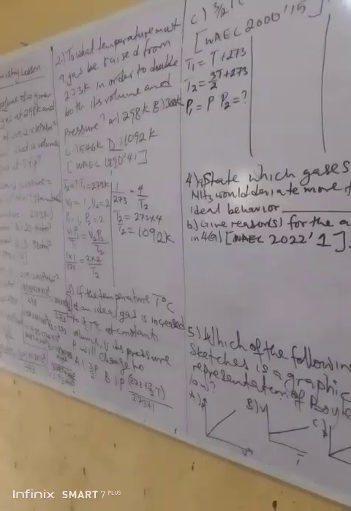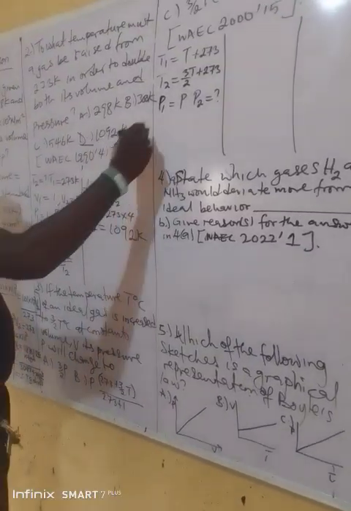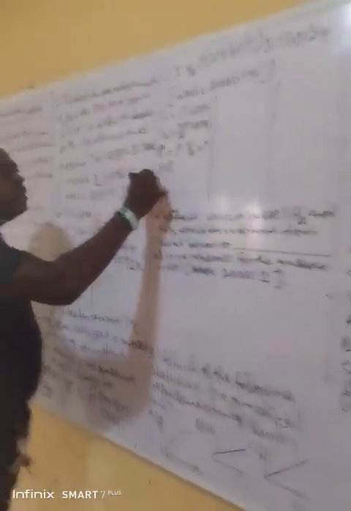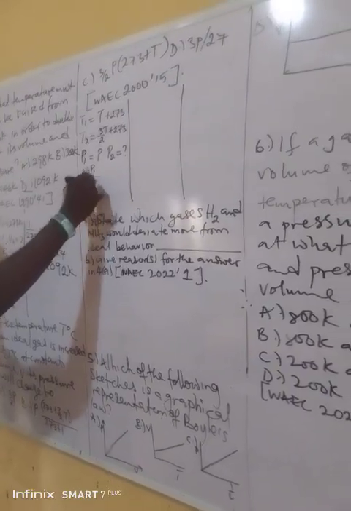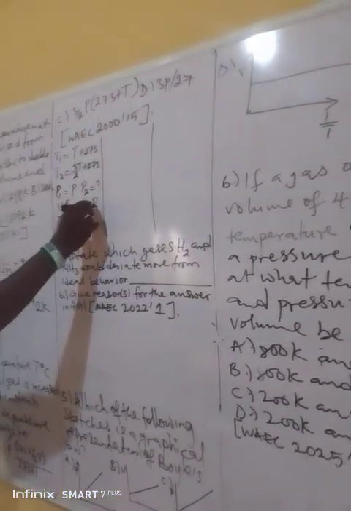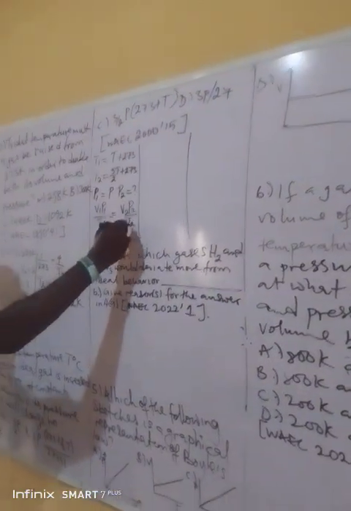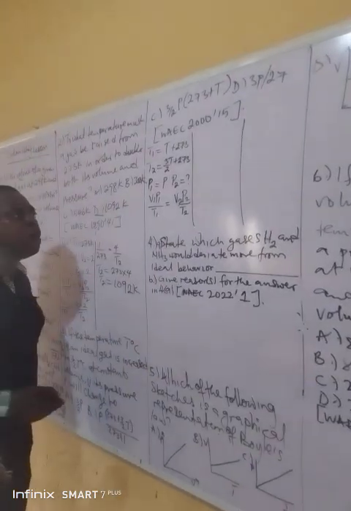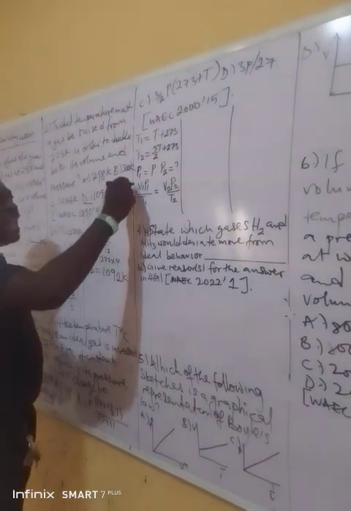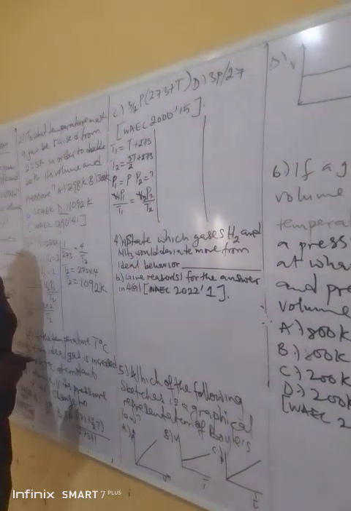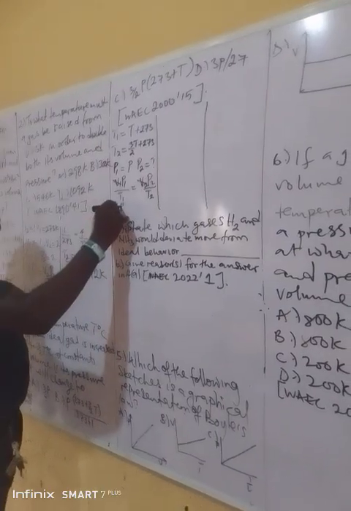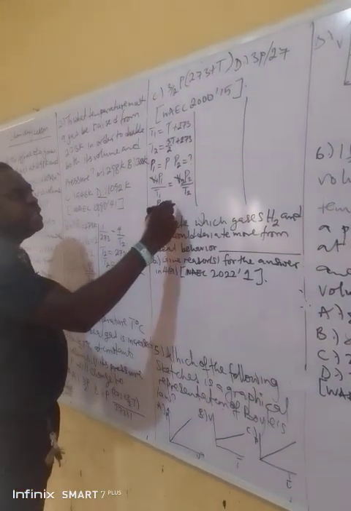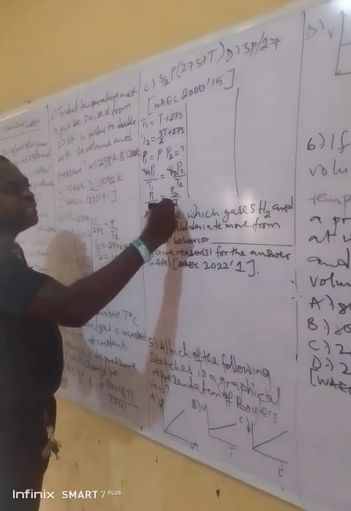I take the general gas law: P1 V1 over T1 equal to P2 V2 over T2. But they say volume is constant. So I will cancel this one and this one. I will now have P1 over T1 is equal to P2 over T2.